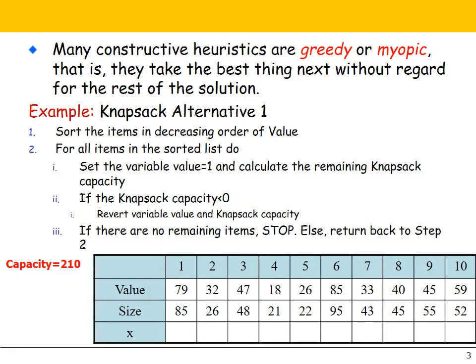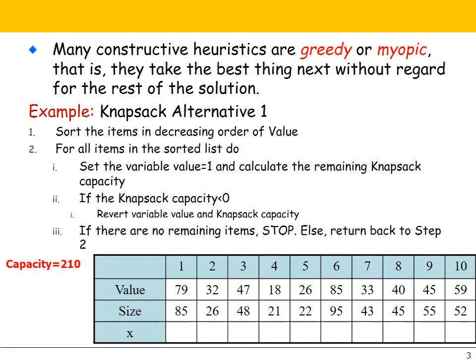But usually they do not look ahead. They just consider the current step. They will not try to evaluate what will happen in the following steps. So in this sense, they are myopic. They only look one step ahead and select the best decision in that step. For this reason, they are called greedy.